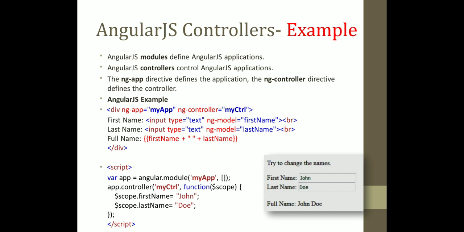Then the first name is taken with an input of type text and ng-model as firstName. Similarly, the last name variable is defined with ng-model lastName, and the full name is holding the expression, which is first name and last name. So the directive tag is closed there.